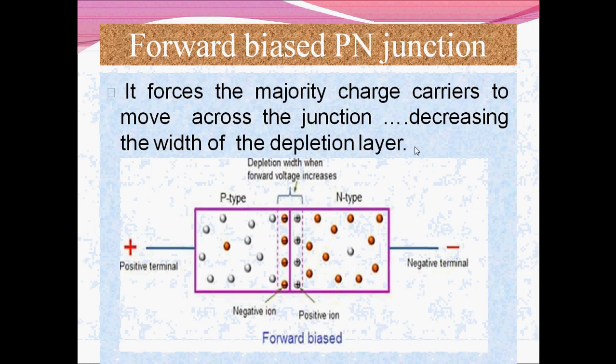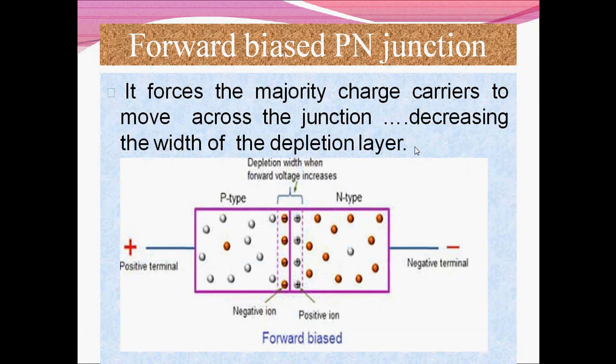We'll see first the forward bias PN junction. It forces the majority charge carriers to move across the junction, decreasing the width of the depletion layer. We can see, as the N-type region is connected to the negative terminal of the battery, more electrons are forced into the N-type region.